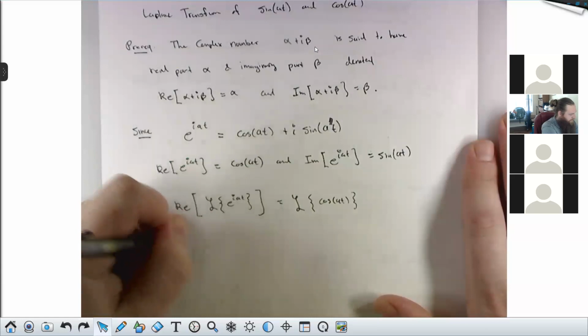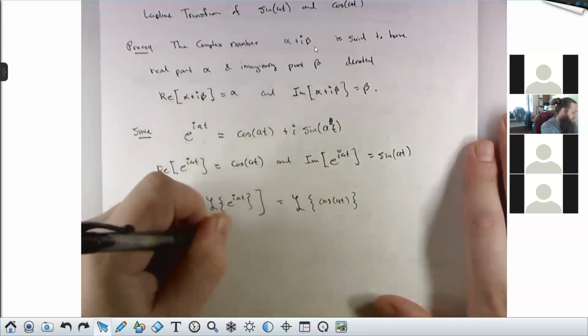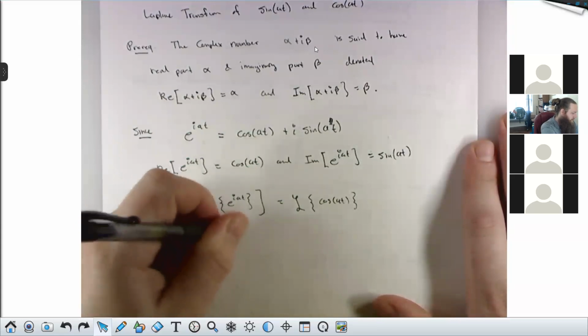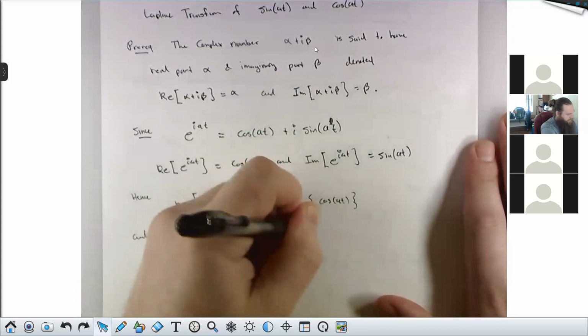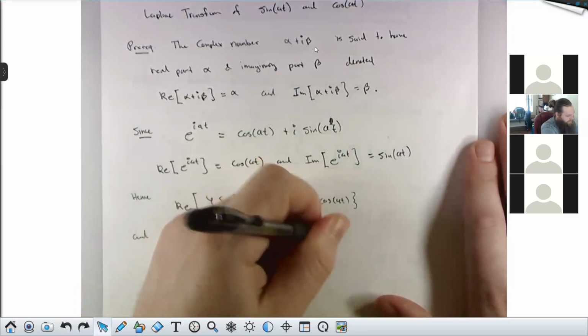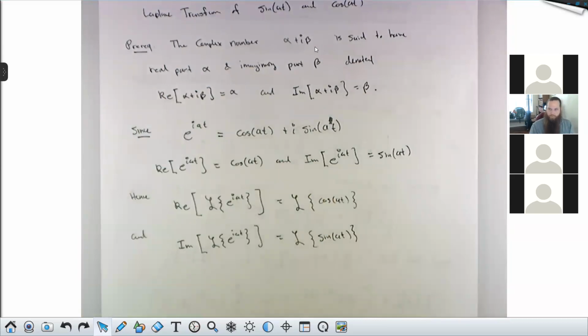And the imaginary part of the Laplace transform of e to the iat will be the Laplace transform of sine at. This is a consequence of linearity.